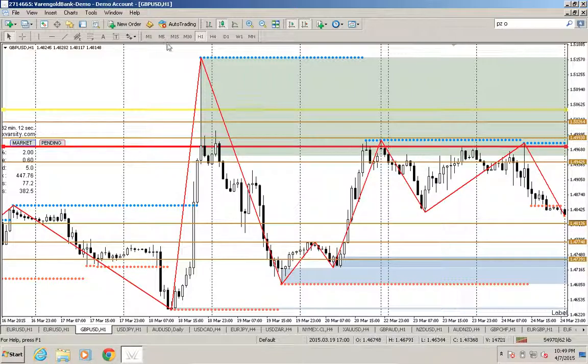Because you would have probably traded on this shooting star, because at this point in time your zigzag indicator would have looked like this. Okay, it's not from formation, but if you used that shooting star and that shooting star.